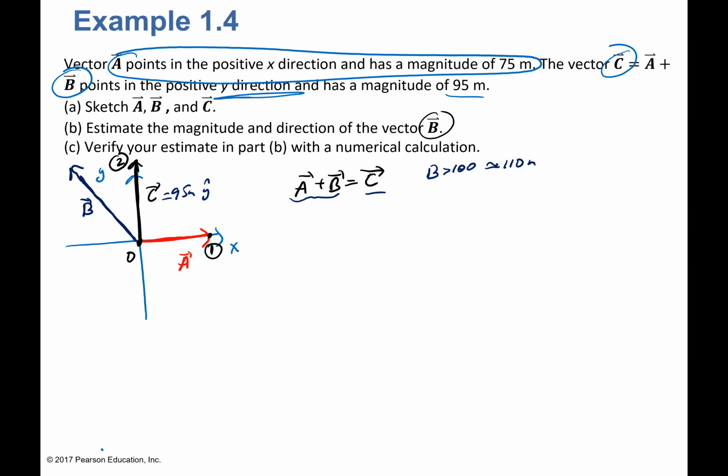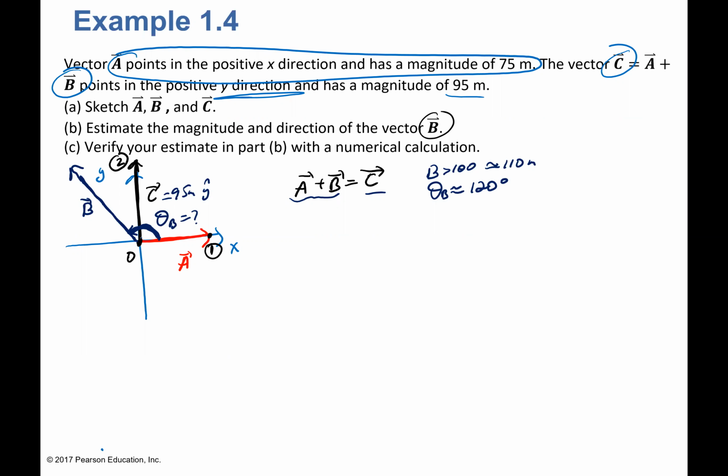Again, I'm just guessing, but this is some kind of estimation. And then the direction is right here. So what is theta B? My estimation is maybe about 30 degrees from the positive y-axis. So that means 90 plus 30. I'm estimating this to be roughly 120 degrees. Hopefully you can see, this is 120 degrees with respect to the positive x-axis. That's my estimate of the direction for B.